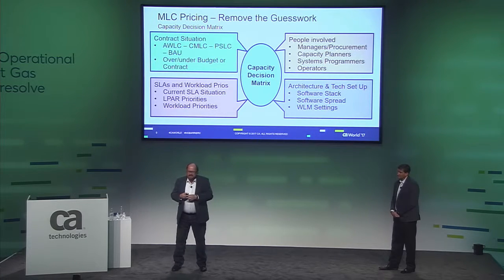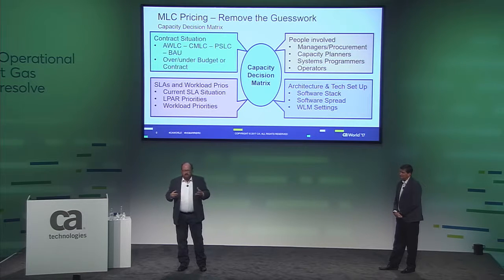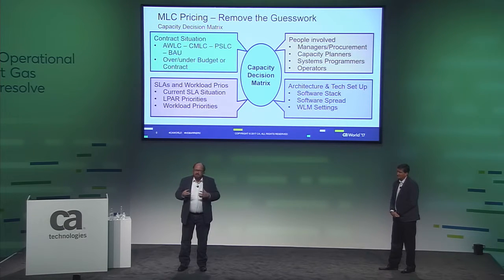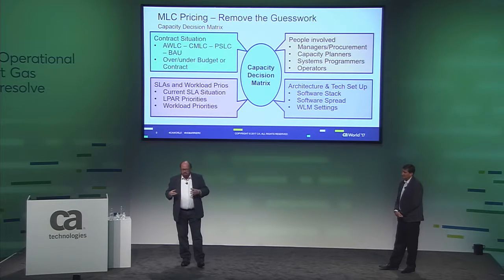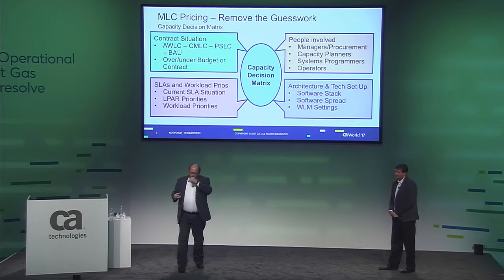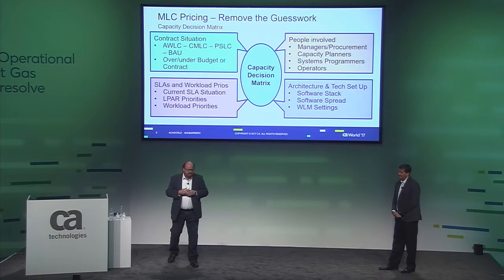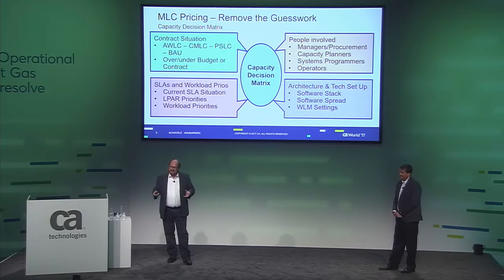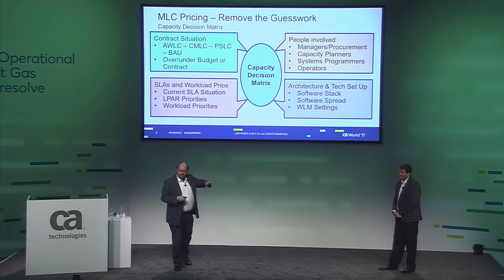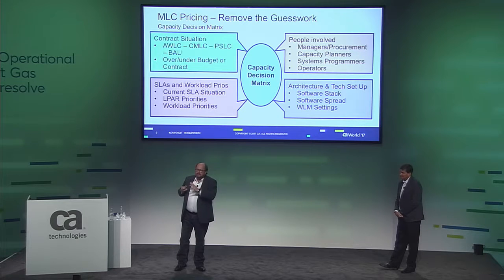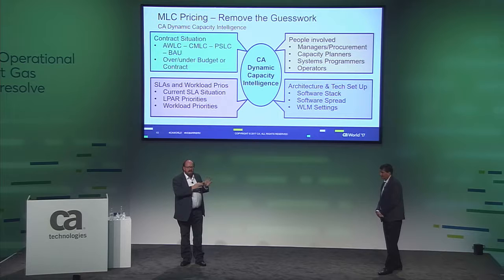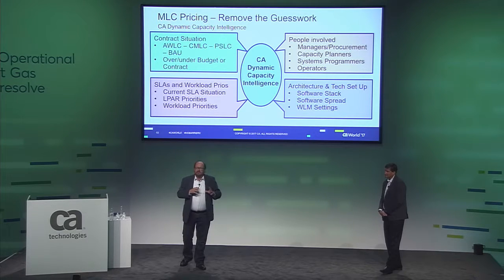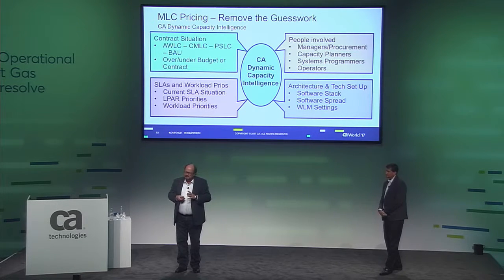On the upper left-hand side, we have the contract situation. We have the people involved, and all of this goes into this matrix. We have the architecture and the technical setup. We have the SLAs and the workload priorities. All of that goes into one central setup matrix, and all of that translates into the setup matrix that we have in CA Dynamic Capacity Intelligence.